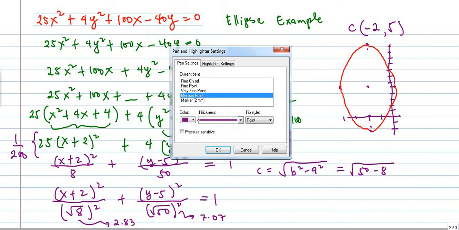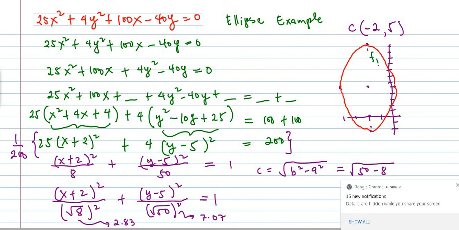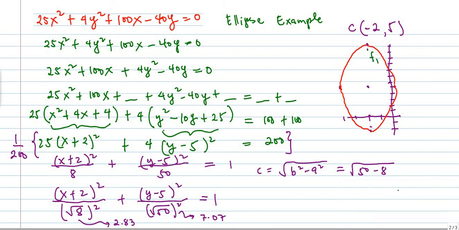So, palitan natin ng color sa foci. Green. F1. Kahit ano yung F1 nyo ha, basta F1 po yan. Ito po yon ang F1. Tapos ang F2, andito po yung F2. Kahit saan dyan, kung magbaliktad kayo F1, F2, okay lang. So, ang ating F1, nakalocate siya sa negative 2.